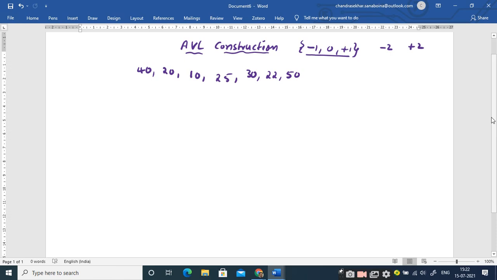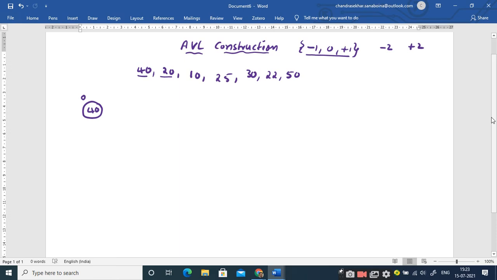So the construction of AVL tree starts with the first element, where you have to consider the first element as the root node, and after each and every insertion, I told you one important point that you should remember, that you should calculate the balance factor. So what is the balance factor of 40? 0, sir. 0. And after this one, you have to consider the next element, and 20 compared with 40.